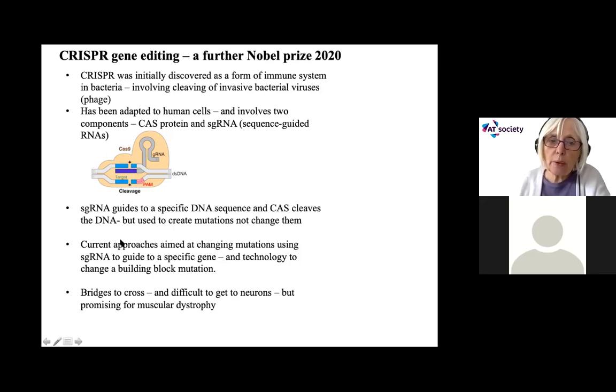There is technology emerging to try and change the sequence back to what it should be. There are bridges to cross, it's got to get into the neurons, but it's an approach being used with muscular dystrophy and looking quite positive at the moment. That's much easier because you only have to get it into the muscles. So we're not there yet, but there is hope on the horizon.